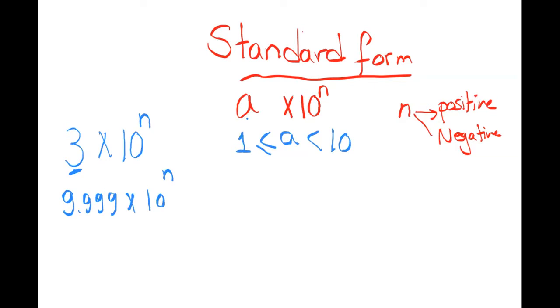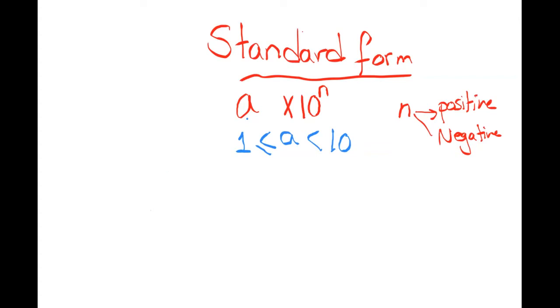When the power is positive, we have a whole number. For example, if I have a number like this, it's 3 million, and I ask you to write it in standard form.